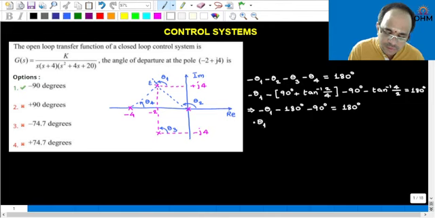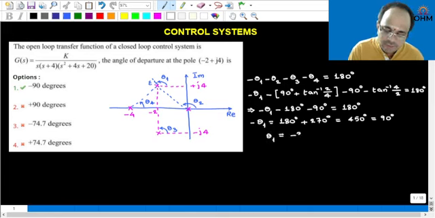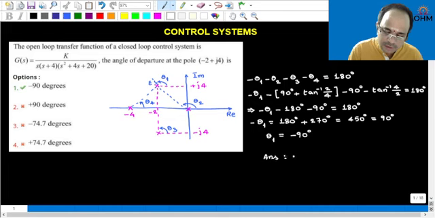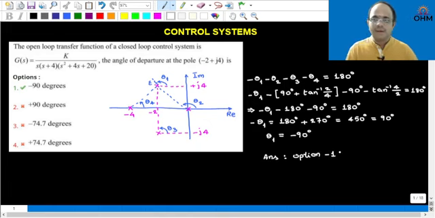Therefore minus theta 1 is equal to 180 plus 270, 450 degree, which is same as 90 degree, and hence theta 1 will be equal to minus 90 degree. Therefore the answer will be option 1. That is the correct answer.